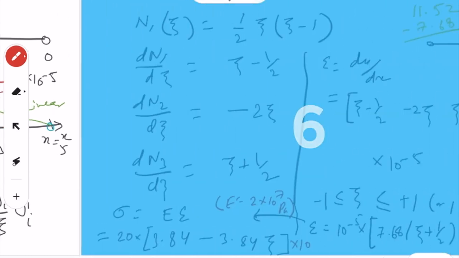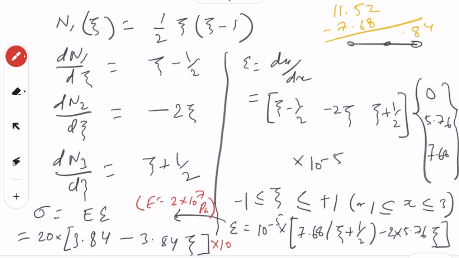Then here also divided by 7.68, and we have to do all the corrections. So here also we have to divide, because we have u multiplied in the strain, so divide by 7.68.